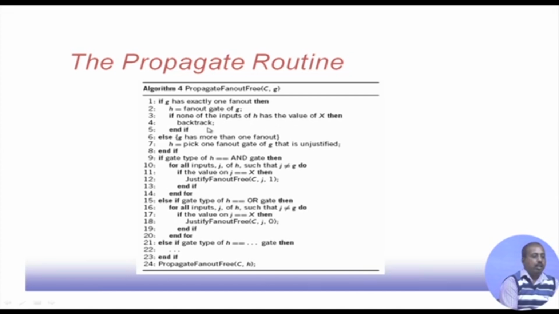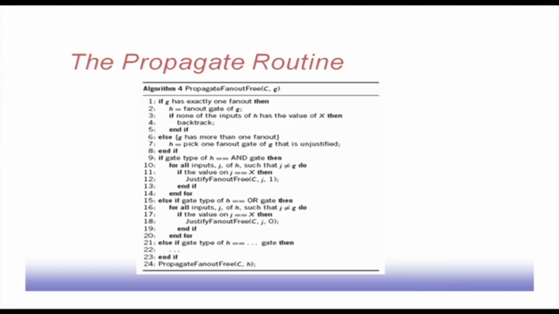This means we are trying to propagate, but there is only one fan out of G, that line is H, and all the inputs of H are already specified. So we cannot do anything. Then we need to backtrack, because through this line H we are unable to send G to the output.